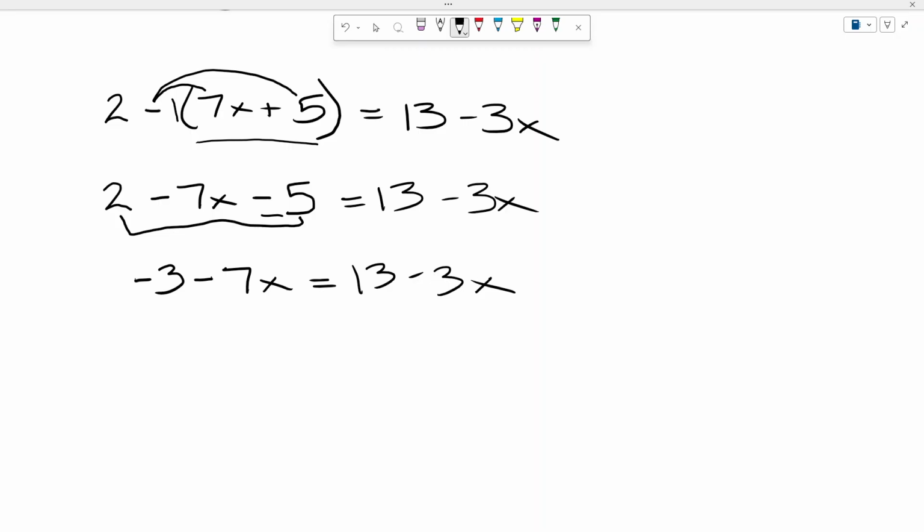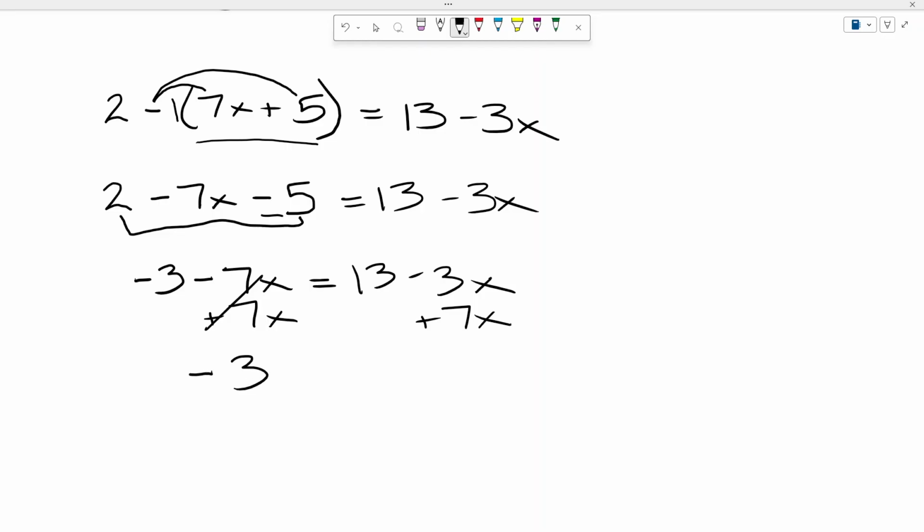And now let's add the 7x, and that will clear that out.